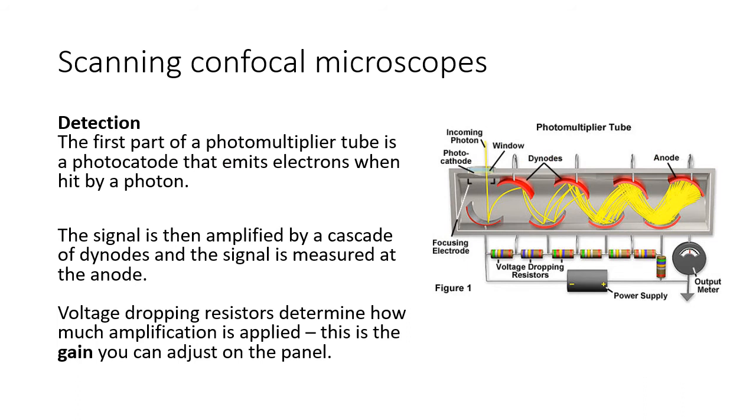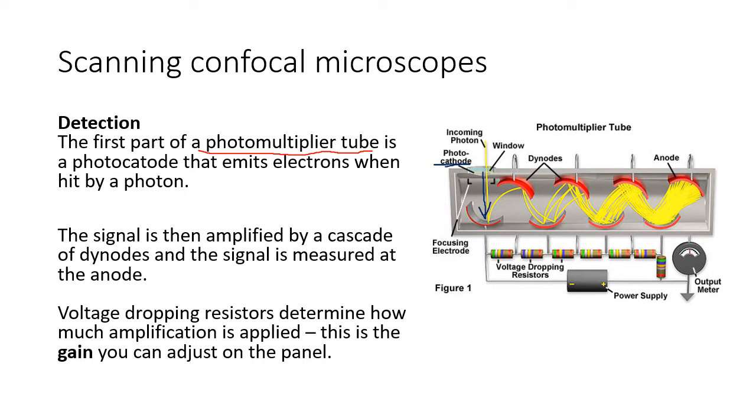The signal coming from the confocal microscope is too weak to be measured with a regular camera device. So basically we have to use something called a photomultiplier tube, or one of its more modern derivatives. The first part of this is a photocathode, which basically transforms the incoming photon to an electron with some efficiency.